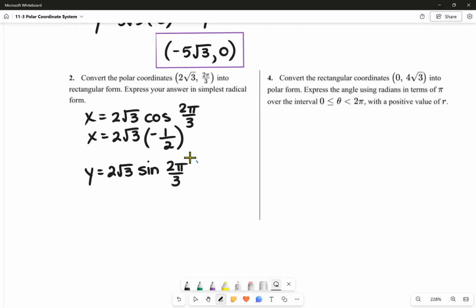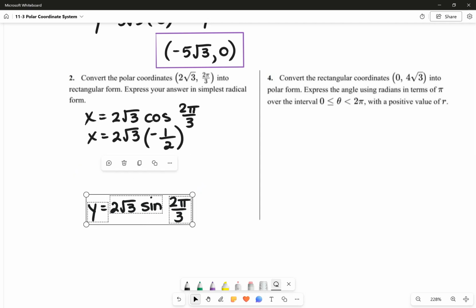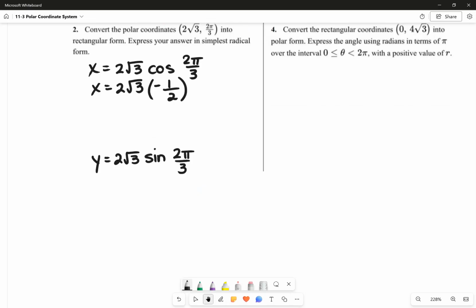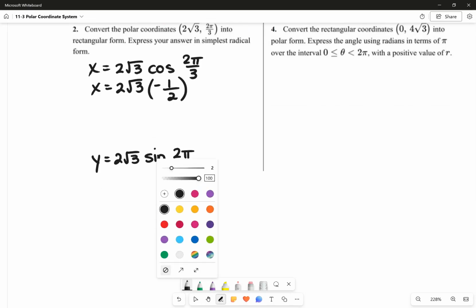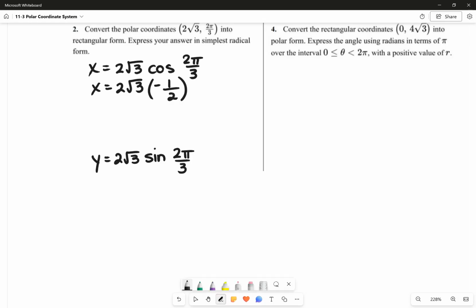Let me move this down a little bit. Okay. And then this one here is going to be y equals 2 square root of 3 times square root of 3 over 2.